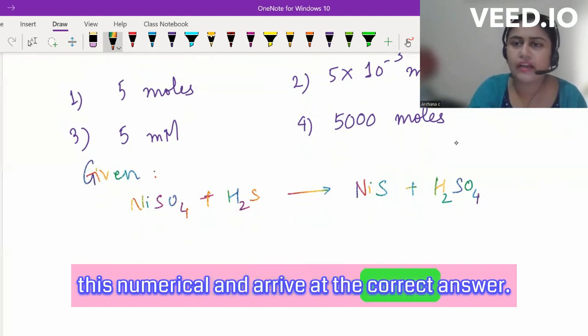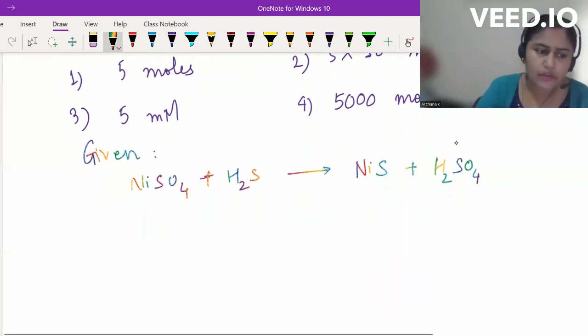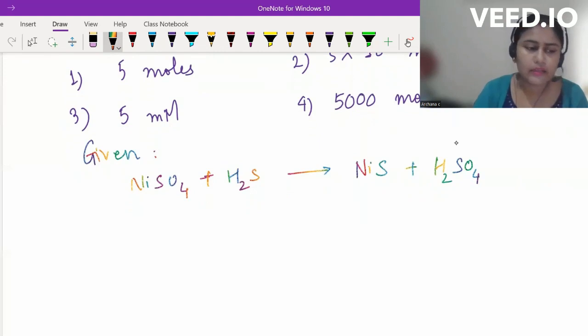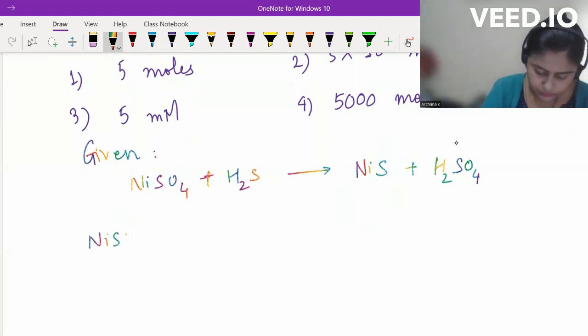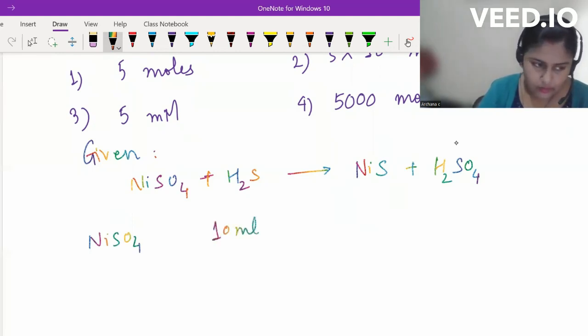and I'll tell you how we can easily solve this numerical and arrive at the correct answer. First, we'll calculate the number of moles of nickel sulfate. Nickel sulfate is 10 ml of 0.5 molar.